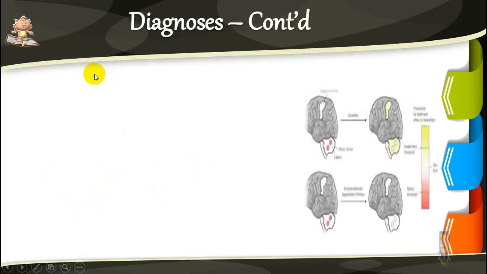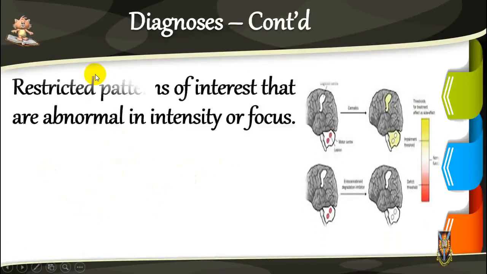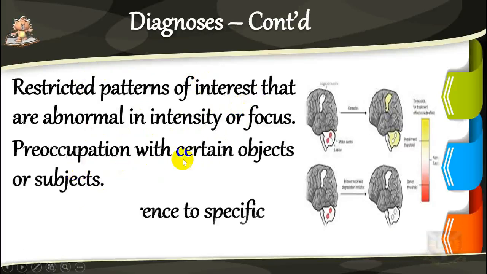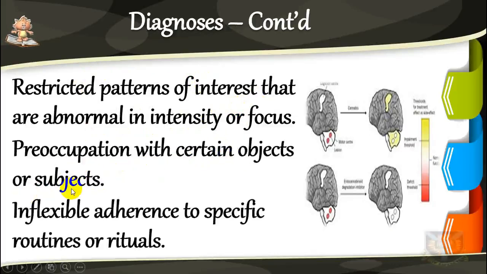Stereotyped, repetitive, or unusual use of language. 5. Restricted patterns of interest that are abnormal in intensity or focus. 6. Preoccupation with certain objects or subjects. 7. Inflexible adherence to specific routines or rituals.